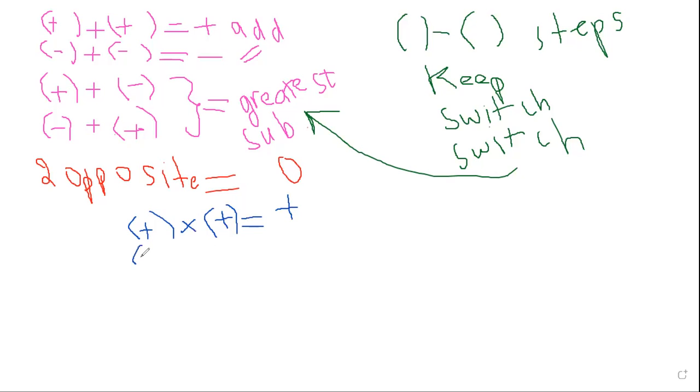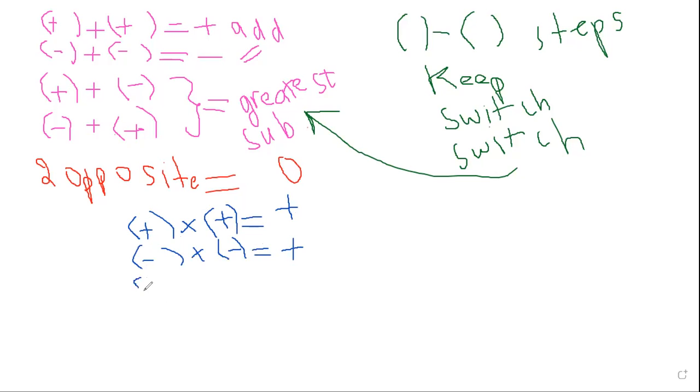If we are multiplying a negative number by a negative number, my answer will be what? Also positive. Also positive, because in multiplication, if we are multiplying same signs, my answer will always be positive.